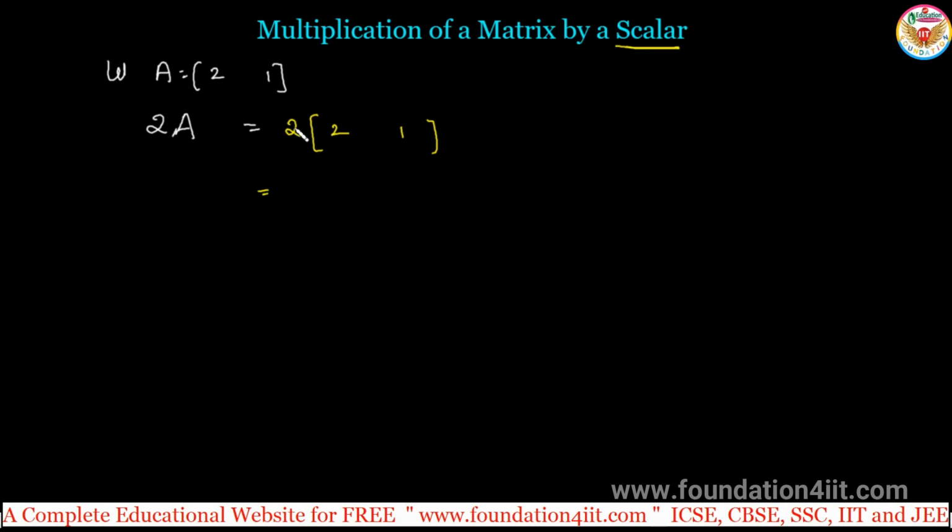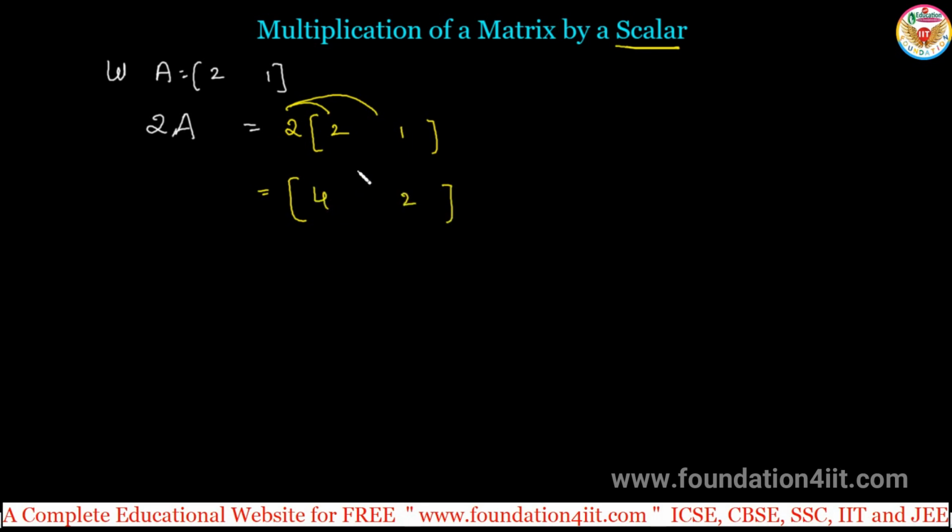Right? 2 into 2 and 2 into 1 is supposed to multiply. That is 4 and 2. Every element in the matrix you should multiply with scalar. So to multiply a matrix by scalar means each of its element is supposed to multiply by the scalar. Right? See the examples and go for the problems.